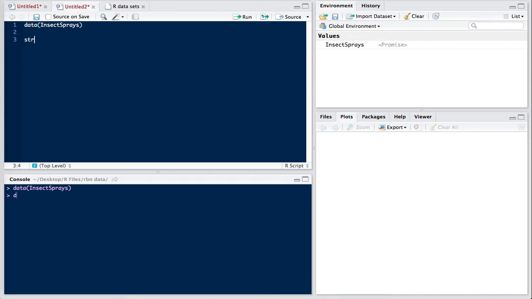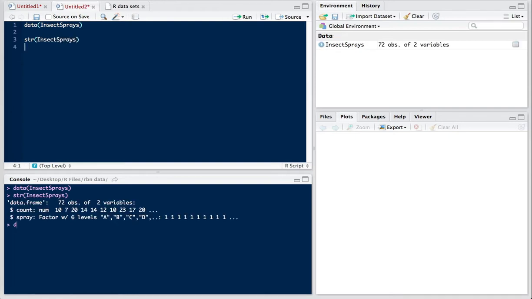Let's take a look at the structure of this particular data frame using the str command. And what we see is we have two columns in our data frame. One is a numerical column, which is going to give the count of the number of insects that were collected. And secondly, we have a classification variable, a factor, which has 6 different levels, A through F.